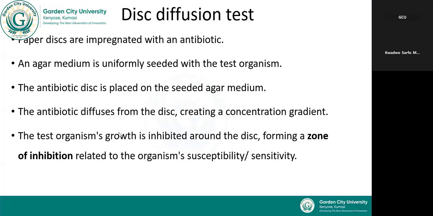Once you incubate, we expect growth because there are nutrients in the medium, but the antibiotics are also expected to inhibit the growth of these bacteria. If they're able to inhibit them, they will form a clear zone around the disk. This is what we refer to as the zone of inhibition, and it is relative to how susceptible or sensitive the bacterium is to that antibiotic.